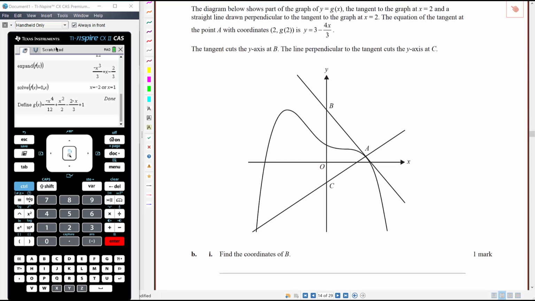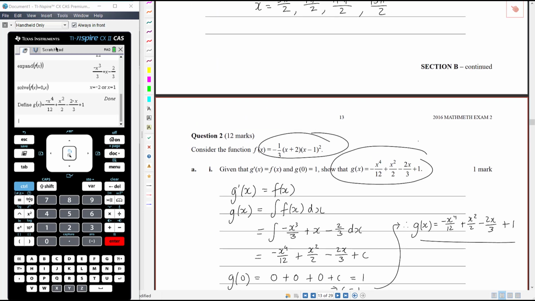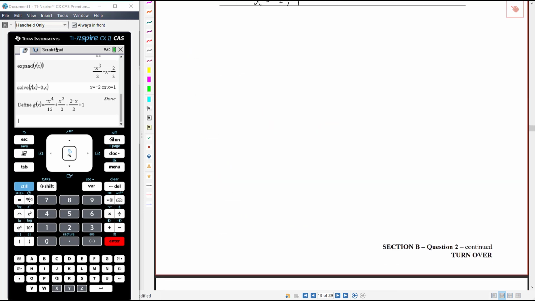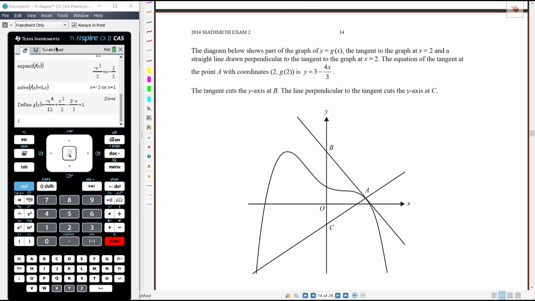Okay, the diagram below shows part of the graph of y equals g of x. Okay, so that's the quartic that we were given up here. So this is what we're seeing. The tangent to the graph at x equals 2. So that's telling us that the x coordinate of this point A is 2.